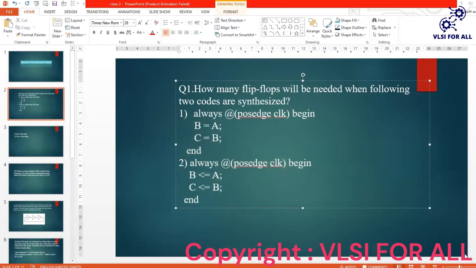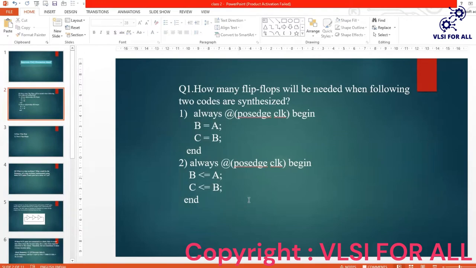Blocking, one flip-flop; non-blocking, flip-flops. Can you repeat again? The blocking assignment is there, so yes, one flip-flop is required. For non-blocking, 2 flip-flops. Yes. Can you explain how this happens?